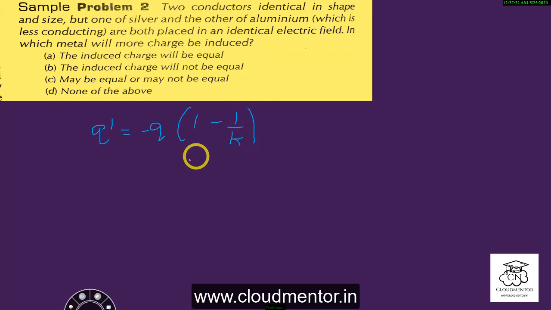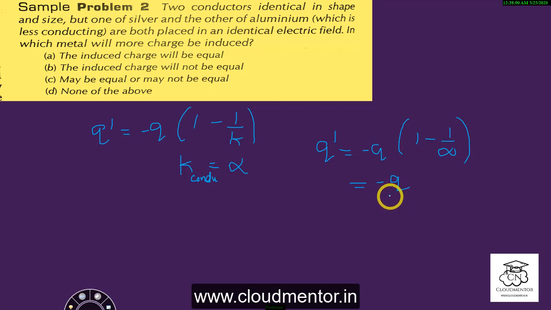We know that the dielectric constant of a conductor is equal to infinity. So the induced charge Q dash will be equal to minus Q multiplied by 1 minus 1 by infinity instead of K, and the final answer will be the same, that is minus Q. So in both the metals, induced charge will be equal.